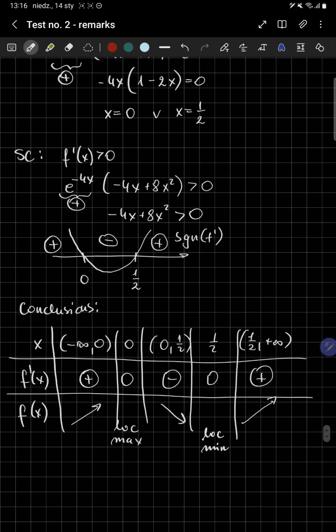If you want to know what is the value of the function at this local maximum and local minimum, simply you need to calculate the value of the function at those 2 points.